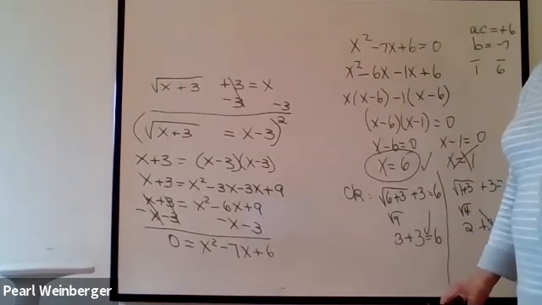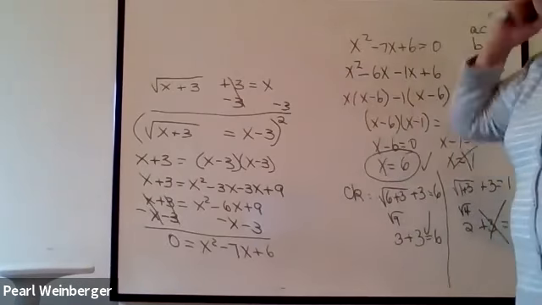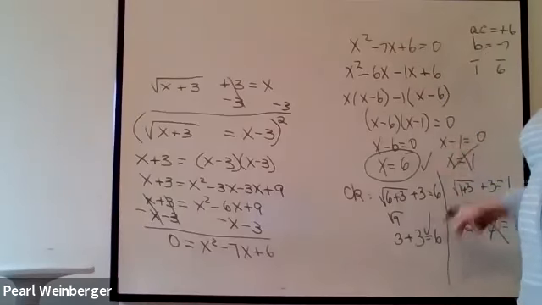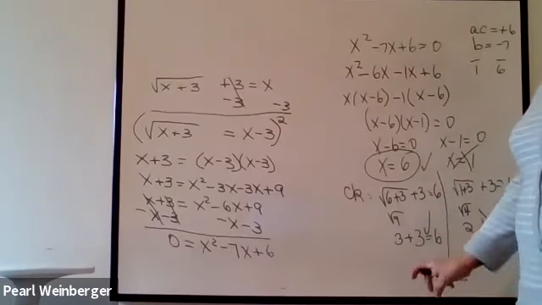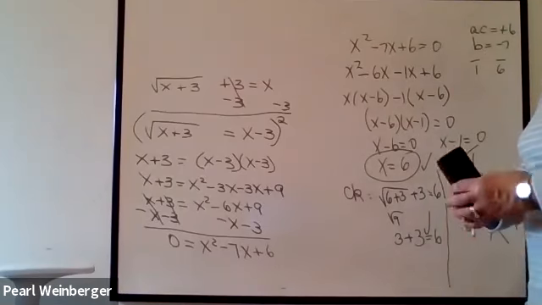Because in the end, you may do all the work and get your right answers, but you're still going to have to check in any case, because you might have an extraneous root.